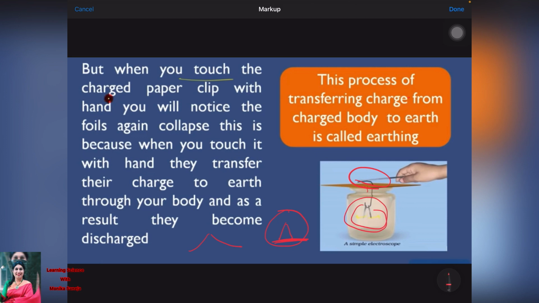Because when you have touched the metal clip with your hand, the charge will transfer to your hand, and from your hand it will transfer to the earth, and the strips of foil become discharged.